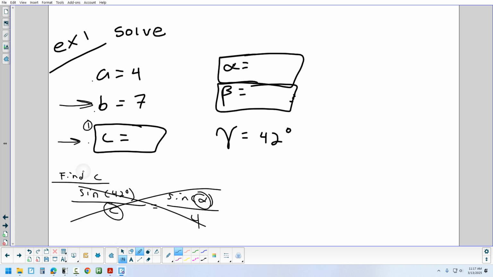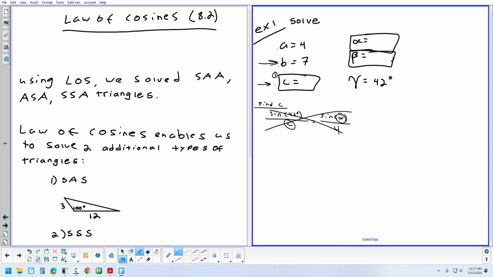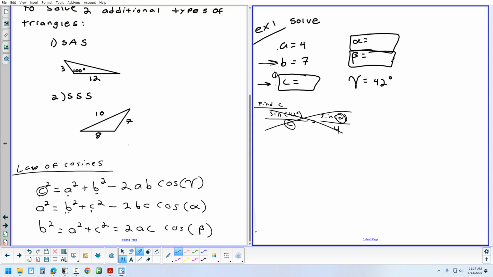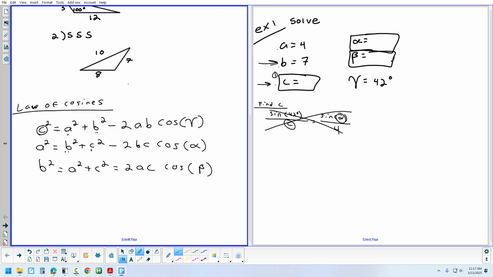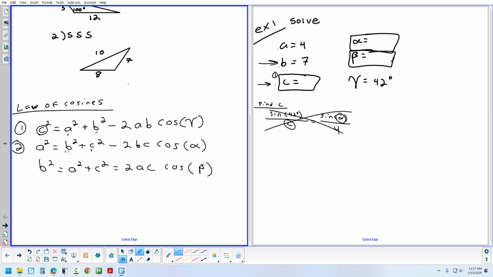So if we look at our three different versions of the law of cosines, I have to pick one that I can plug into and only be missing one thing. If you pick a version and you plug into it and you're missing two things, you picked the wrong one. You're going to have the same problem you just had over here. So out of these three different versions, would I use version 1, 2, or 3?